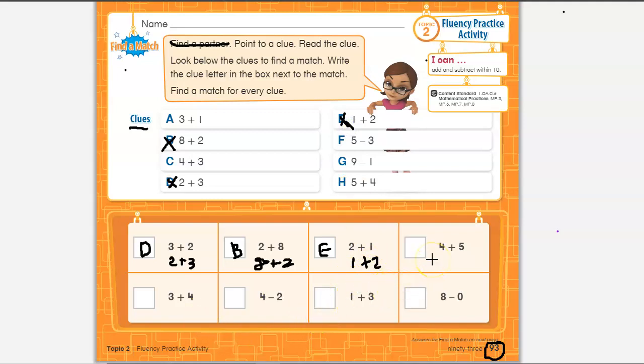Let's look at 4 plus 5. I want you to try this one on your own really quick. If you were doing the add-ins trick that we're using, where you just flip the add-ins, so if we made 2 plus 1, 1 plus 2, what would this one be? If we have 4 plus 5, what would it look like if we were to change where the add-ins are at?